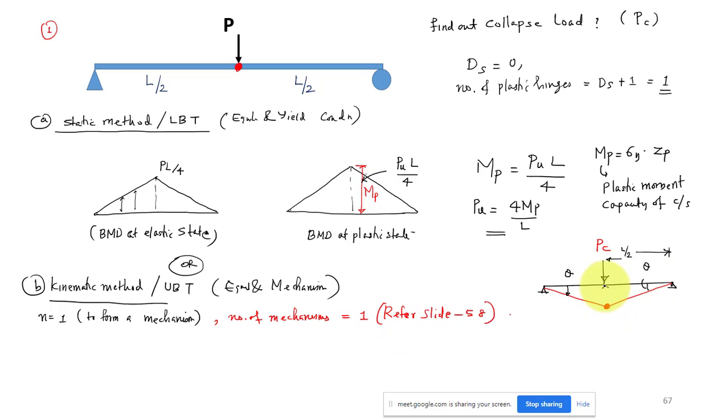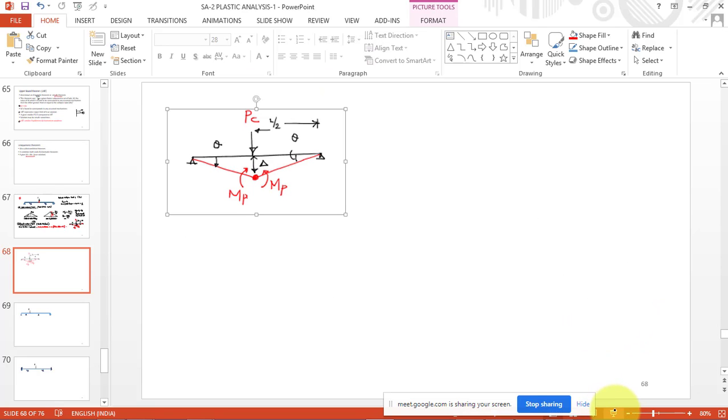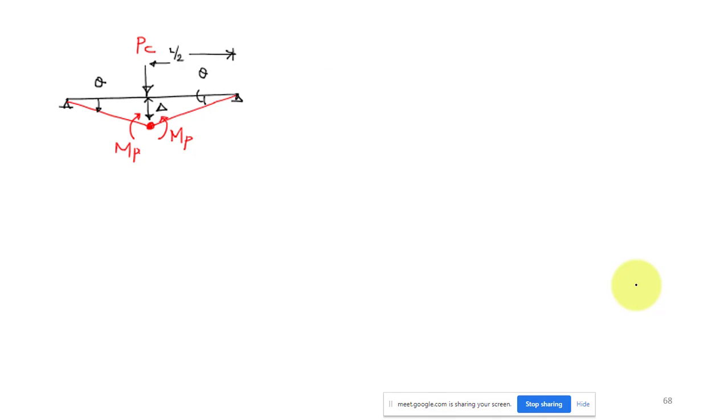Let us take this distance as delta. This is your plastic hinge, and we have the plastic moment here.